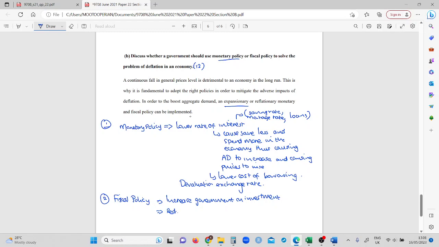You can reduce the level of tax rate, reducing taxes such as VAT, value added tax, on products such as food products, commodities, etc. This will cause people to spend more because they will have higher disposable income. So an expansionary fiscal policy will cause aggregate demand to increase because people will spend more in the economy.